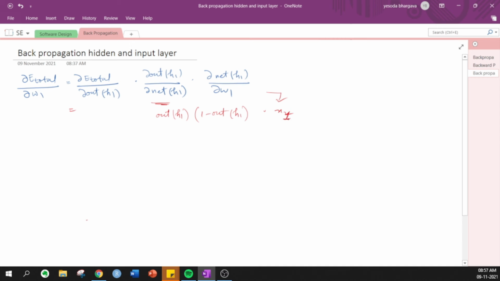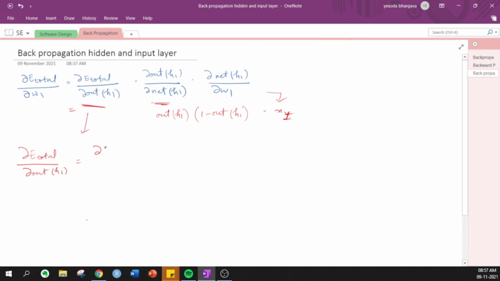The only thing we need to think deeply about is this particular term. The majority of this portion will consist of understanding this one. So the total error is E1 plus E2, and as I've already mentioned, W1 is contributing to both E1 and E2 because it is connected to H1, and H1 is connected to O1 and O2.